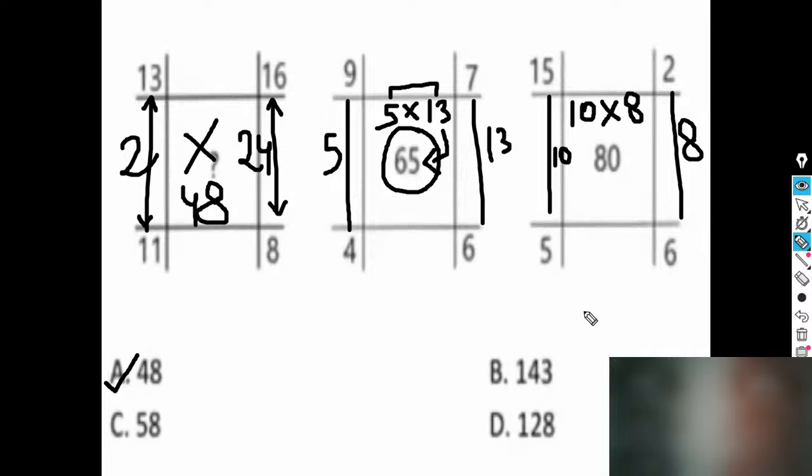Okay, let us solve one last question. Yes, 48 is the correct answer.